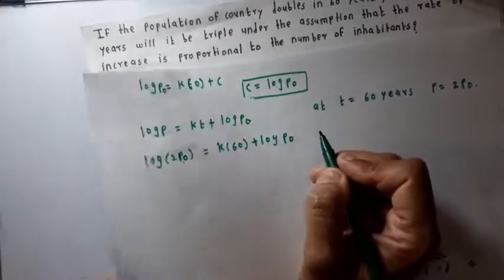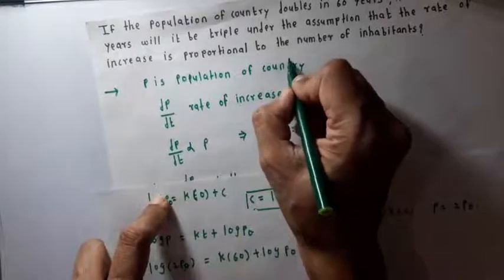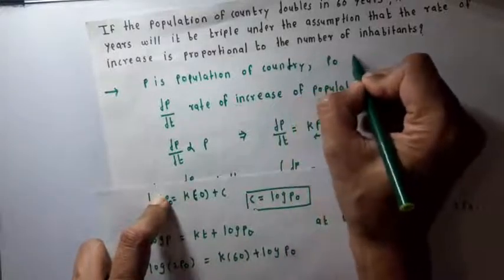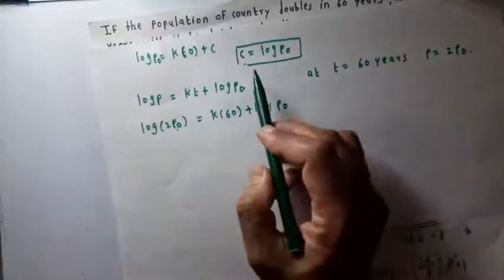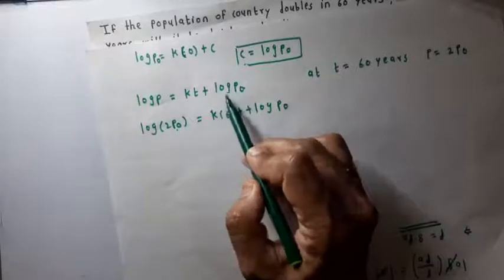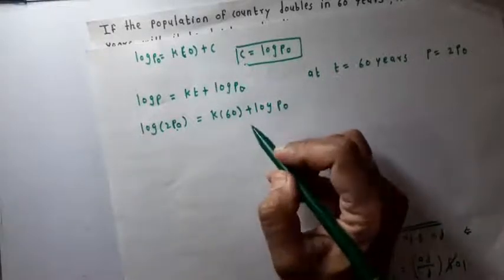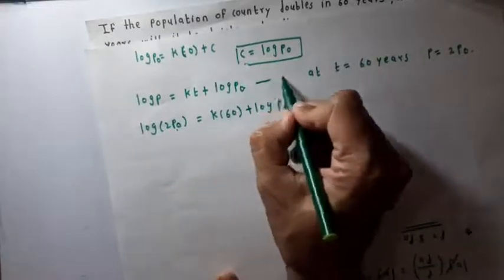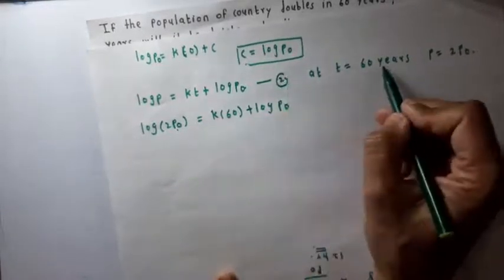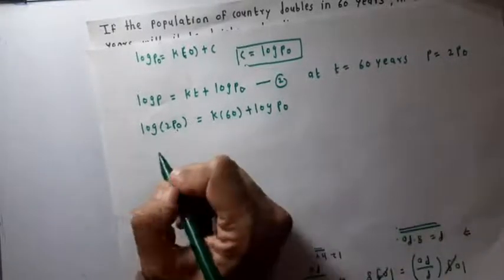Okay, students, we have considered that P is the population of the country, and P0 is the original population, meaning when t equal to 0. Therefore, we get this equation and the value of C. Put the value of C in equation 1, we get the second equation. And put t equal to 60, P equal to 2P0, we get the third equation.